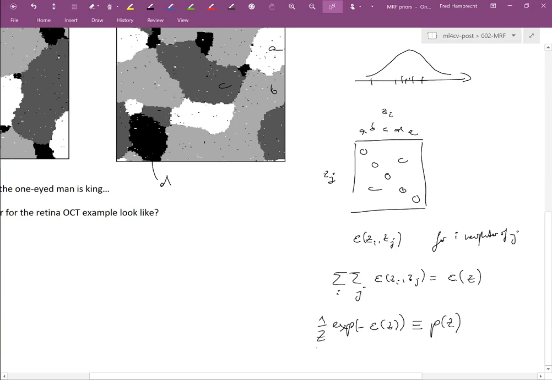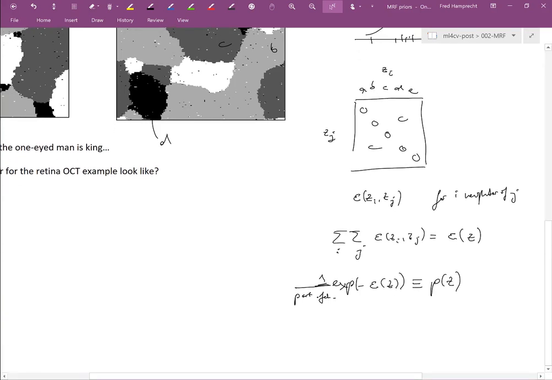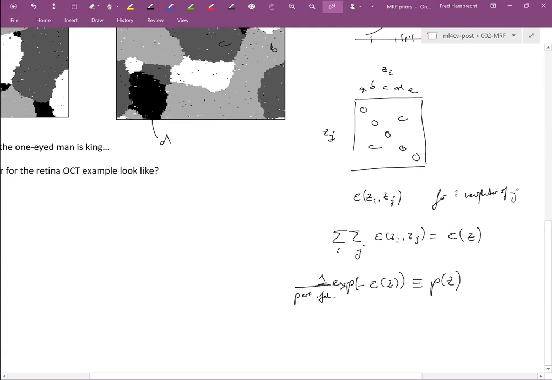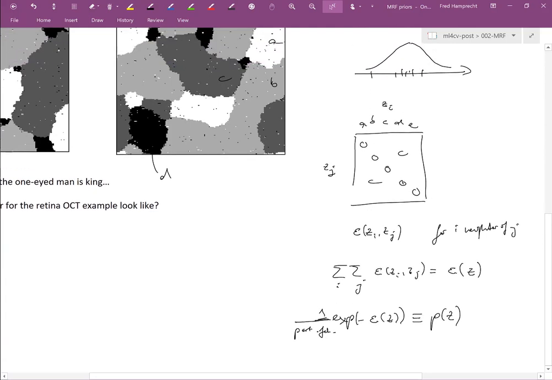So capital Z here, oh, that's maybe not a good letter, let me write it out: the partition function. So I need to normalize this properly, and then it gives me the probability for a given configuration. So this is the probability distribution, just like the Gaussian one that I showed further up. And here we see samples from this probability distribution.